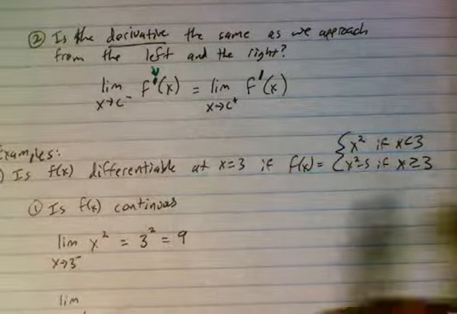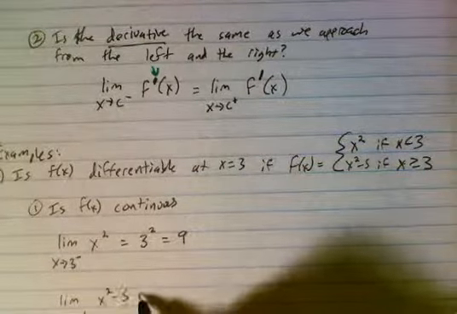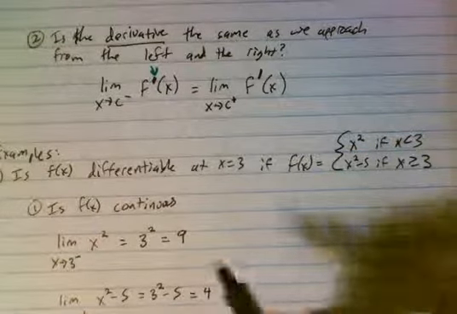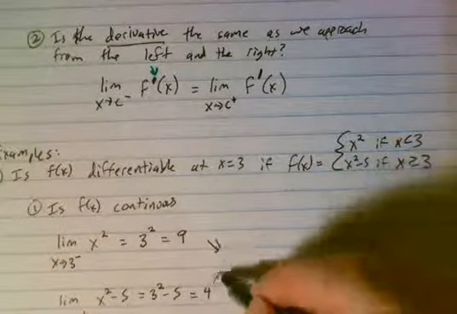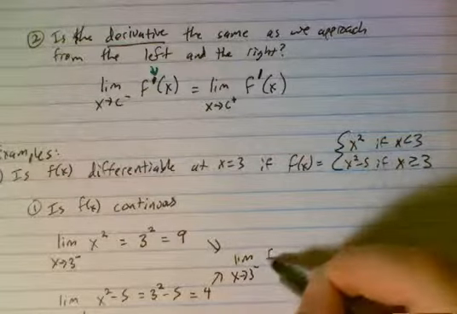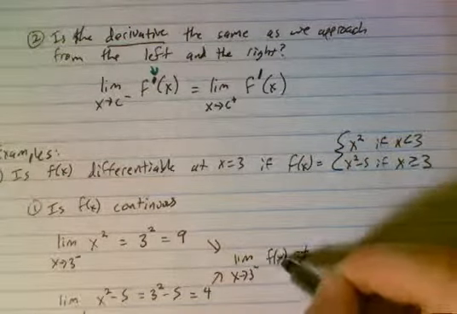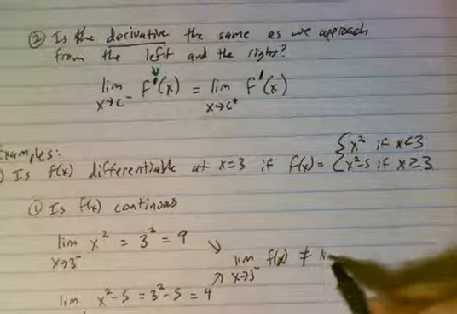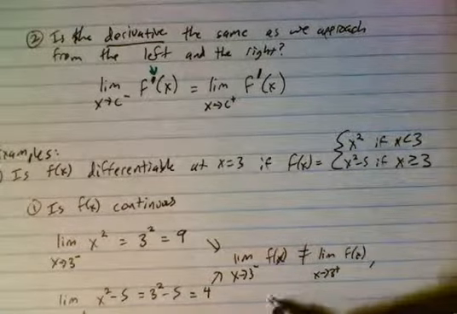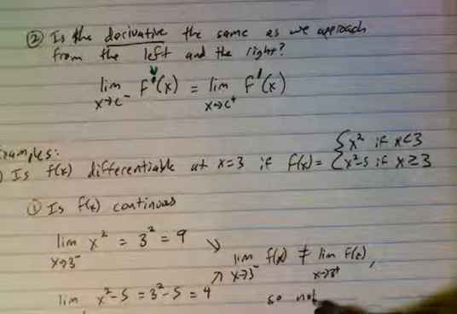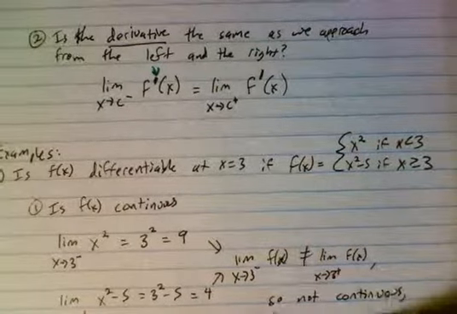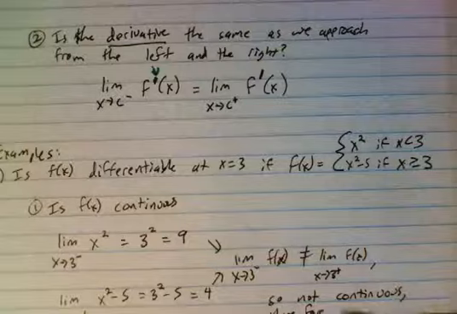So the right side, that's x squared minus 5. So 3 squared minus 5, or 4. Those limits don't match. So not continuous. Therefore, not differentiable.